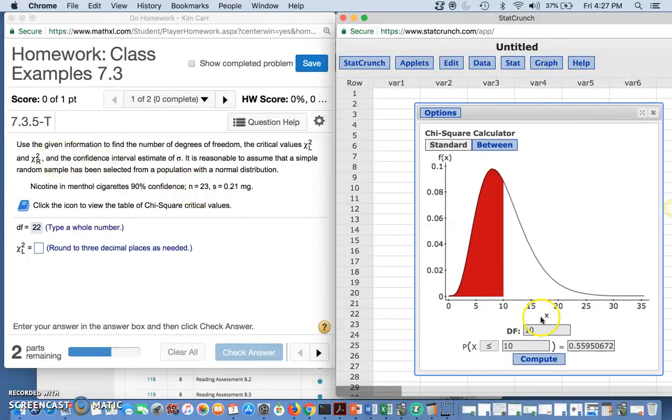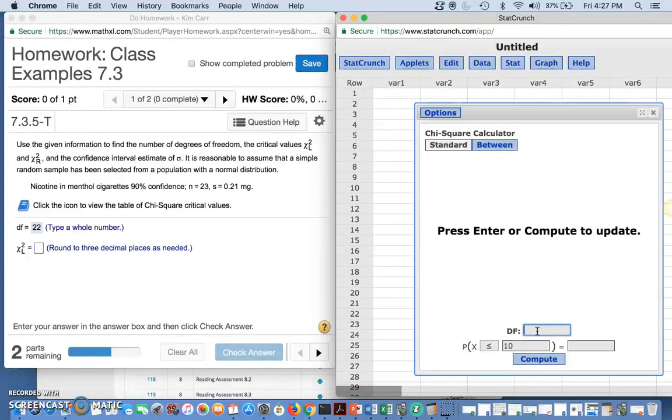Your degrees of freedom, we just said, would be 22. Now, let's figure what we want to go right here. This is what we're going to do based on our confidence level. It's 90%, so 1 minus 90% gives us 10%, and half of the 10% is 5%. 5% as a decimal is 0.05.